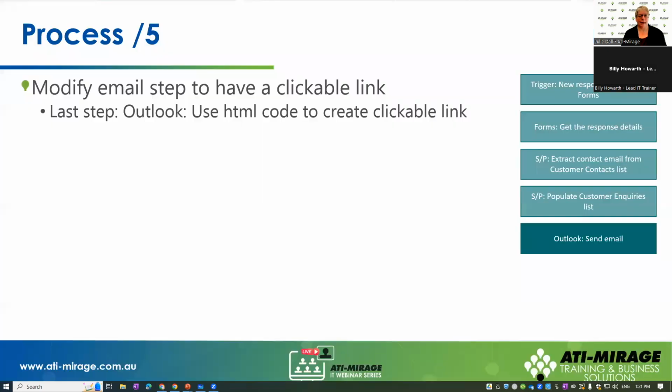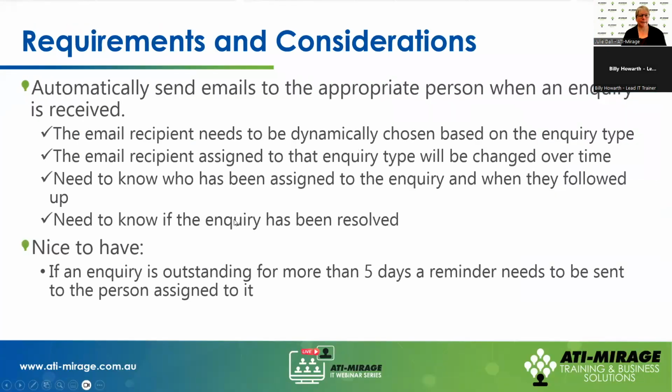So when we have a look at what we wanted to achieve, we can see that we've actually met all of these requirements. The email recipient is dynamically chosen based on the inquiry type. The recipient can be changed and it will be reread. We can see who's been assigned because it's recorded in the inquiries list. And we can see if they've updated it to whether it's been resolved or not.